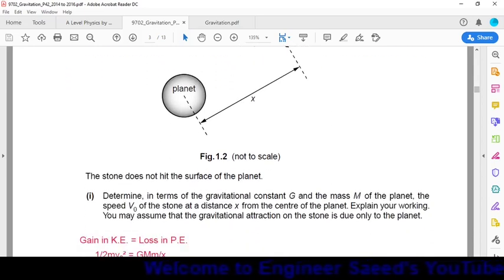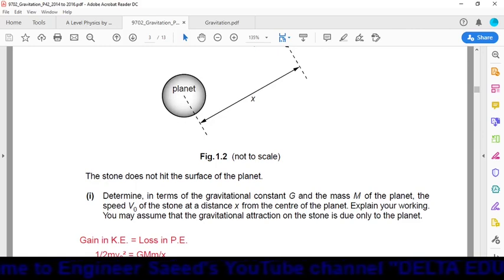Okay, the stone does not hit the surface of the planet. Determine in terms of the gravitational constant G and the mass M of the planet the speed v0 of the stone at a distance x from the center of the planet. Explain your working. You may assume that the gravitational attraction on the stone is due only to the planet.